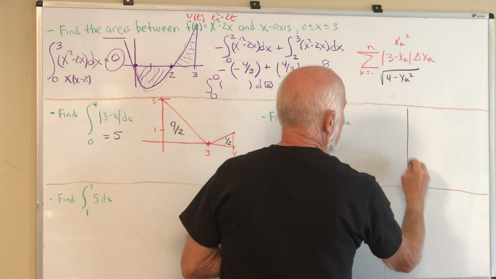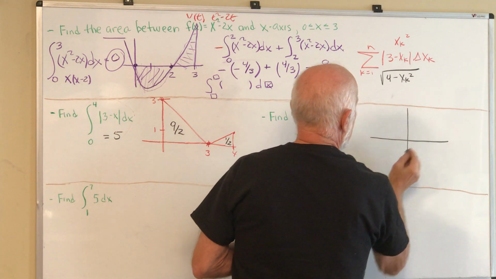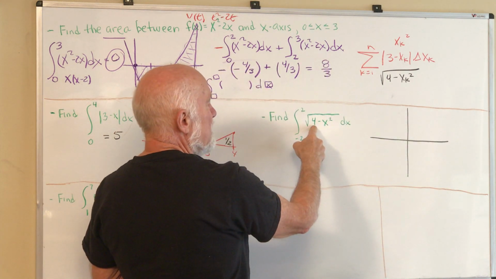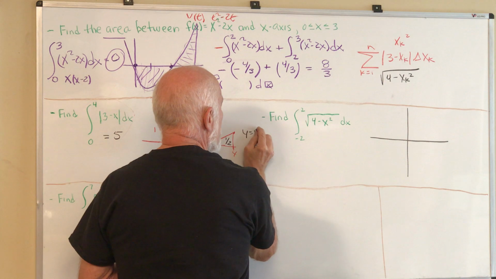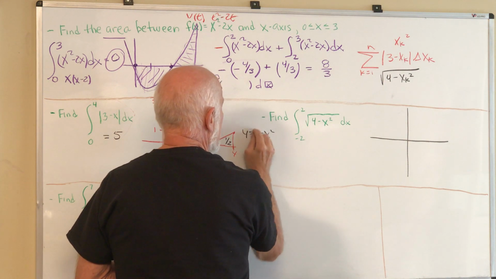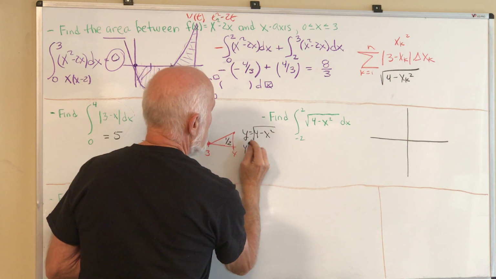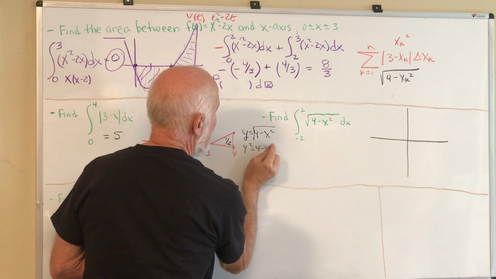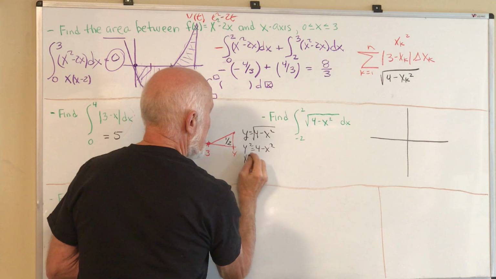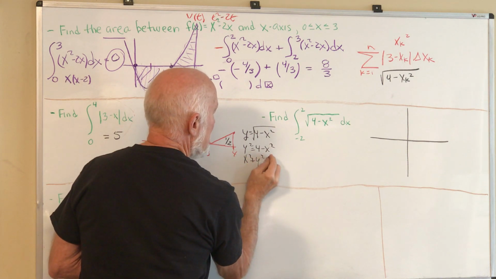Well, if we graph it, for y equals the square root of 4 minus x squared, if you square both sides, you get y squared equals 4 minus x squared, or x squared plus y squared equals 4.